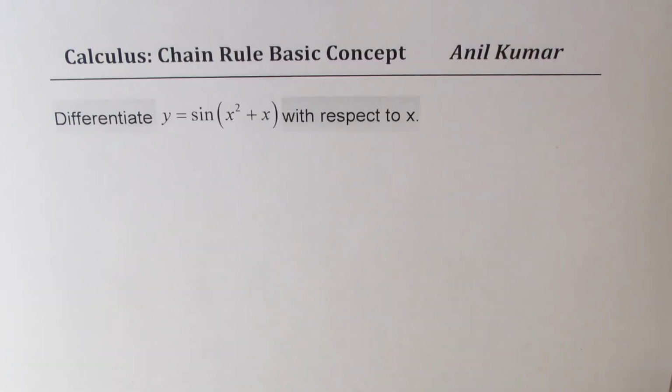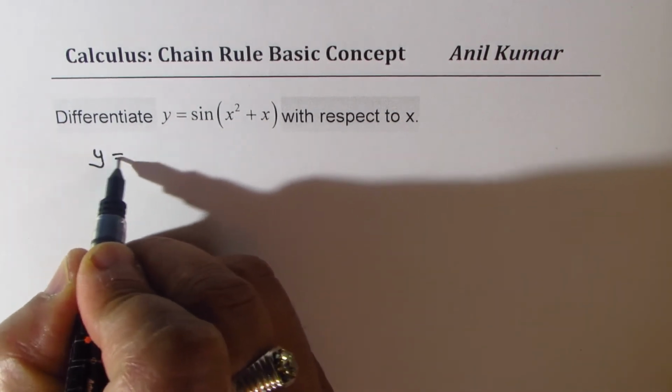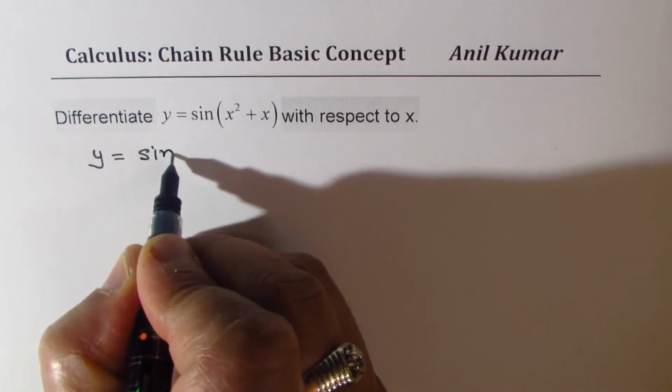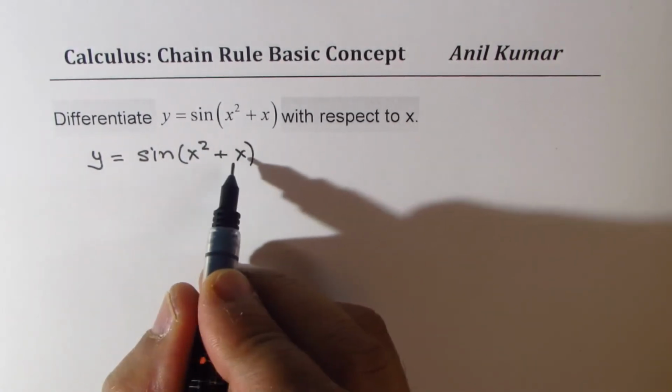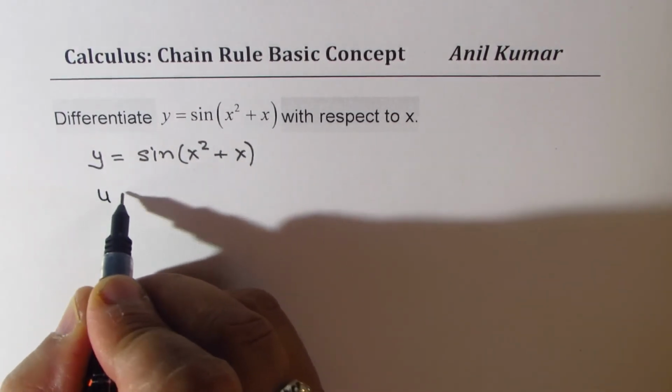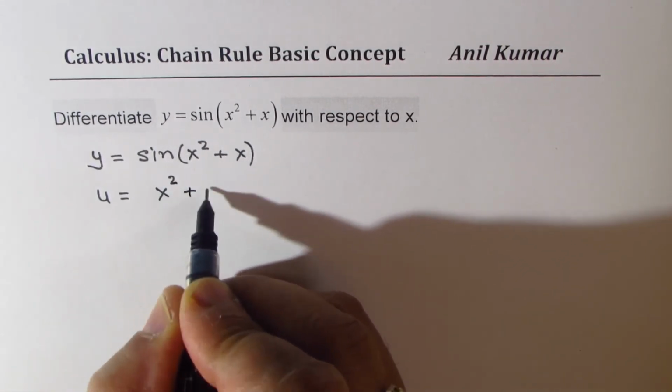So let's just extend it to trigonometric functions. Now what we have here is y equals sine of x squared plus x. The inside function here is substituted by another variable, u in this case.